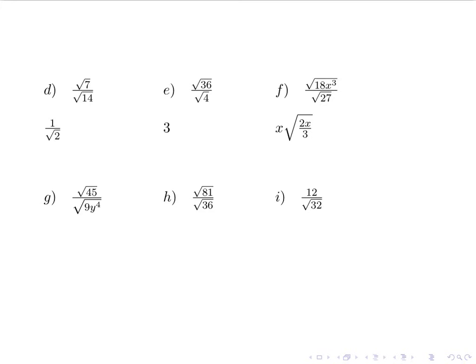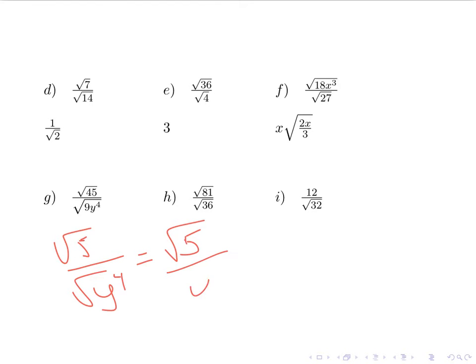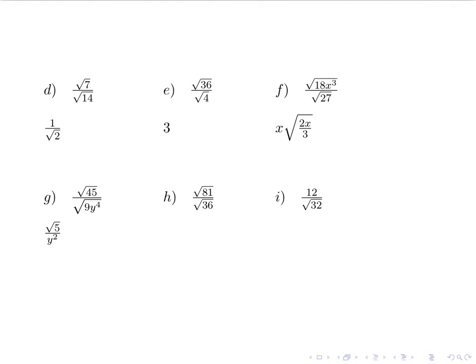So root 45 over root 9 is root 5. And then that goes on top, and on the bottom, I still have the square root of y to the 4th, but y to the 4th is even. So when I divide 4 by 2, I'm left with y squared. So we have root 5 over y squared.